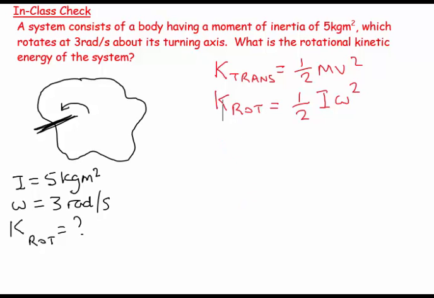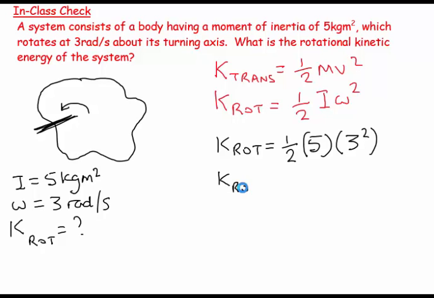So that means my K rotational is equal to 1/2 times I, which in this case you're given, which is 5, times your angular velocity squared, which again in this case you're given. This is a very straightforward example.